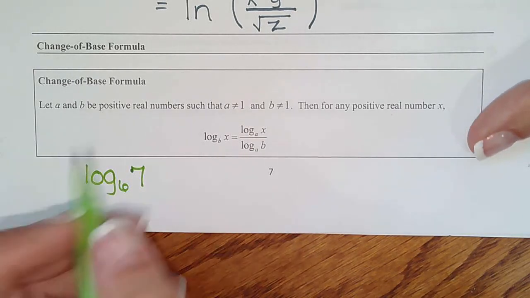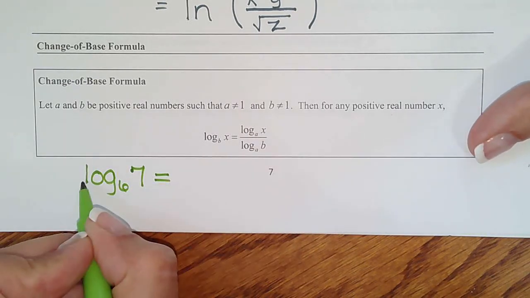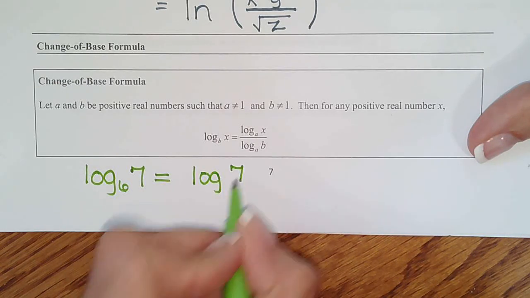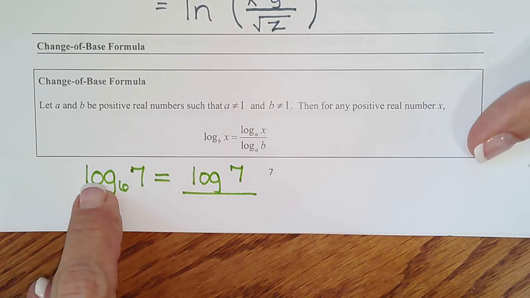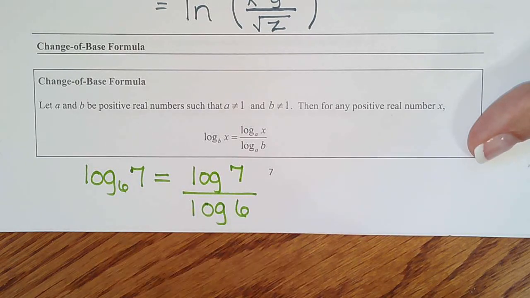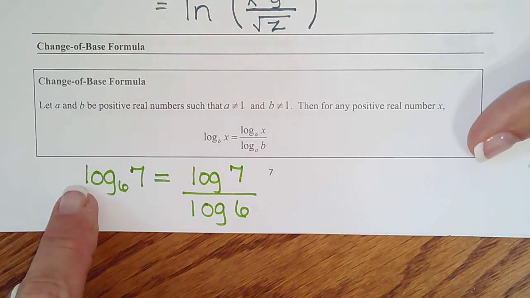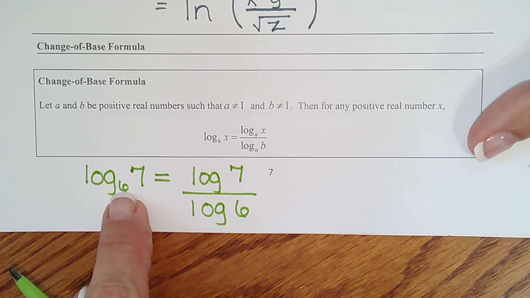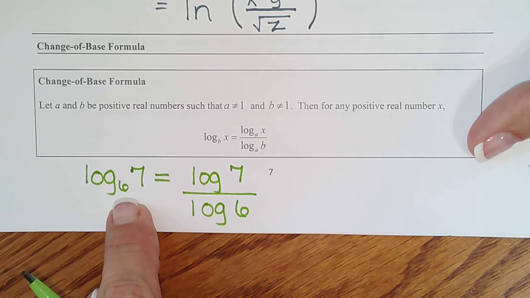But the change of base formula says you can do log of the argument divided by log of the base. And now, guess what? It's base 10. Is that so awesome? So I like to say log of the high divided by log of the low, low meaning number down low, not the smallest number.